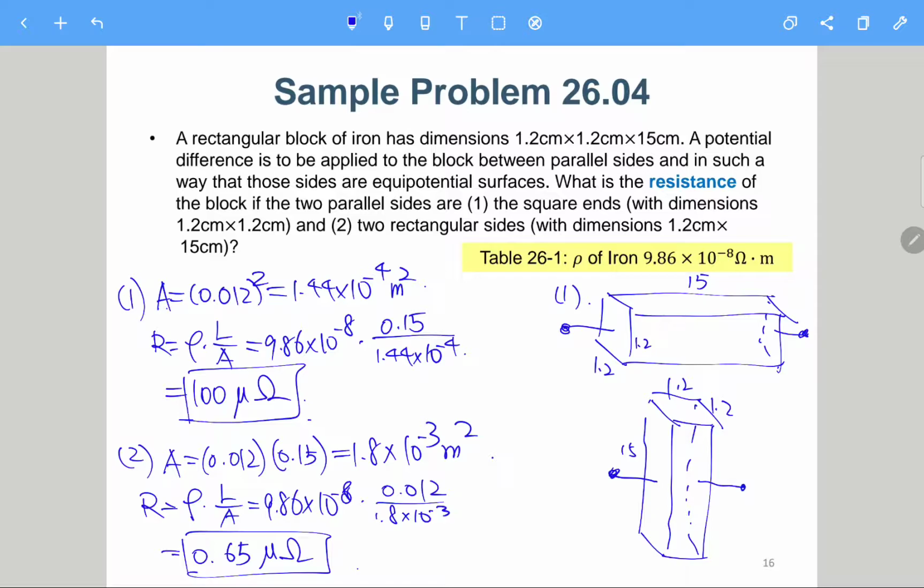So any questions? This is the second case. We have a much larger cross-section area and the length is much shorter.